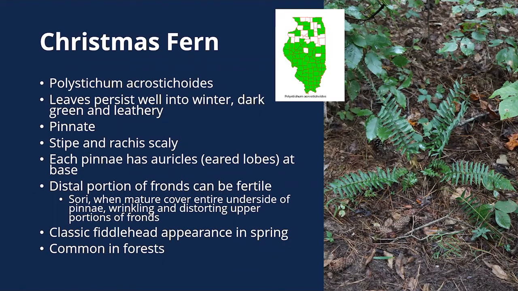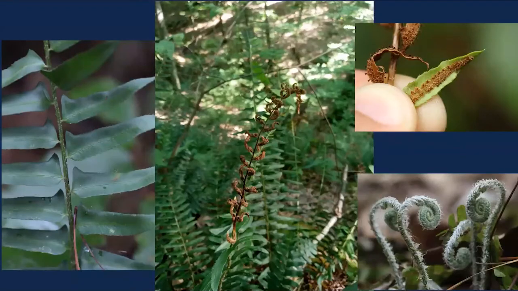And later in the season, as those sori get mature, it kind of crinkles and wrinkles the end of that fern, and it looks distorted at the end of it. Again, this is super common. It makes those classic fiddleheads about this time of year. So let's look at it here. You can see the little scales and the green color of the rachis.